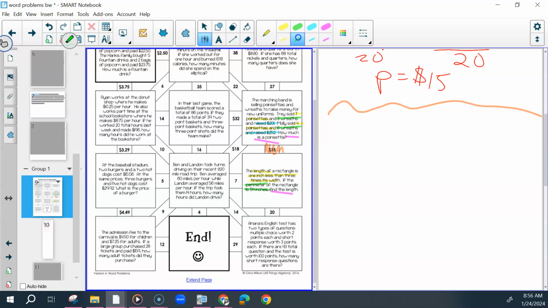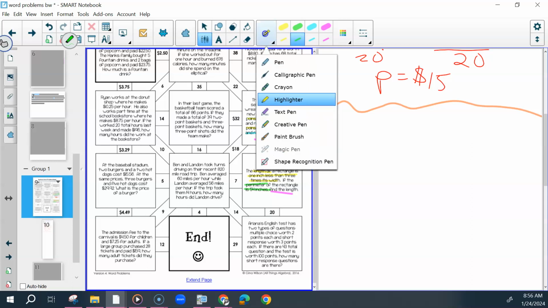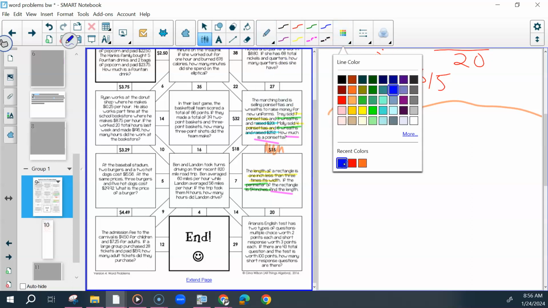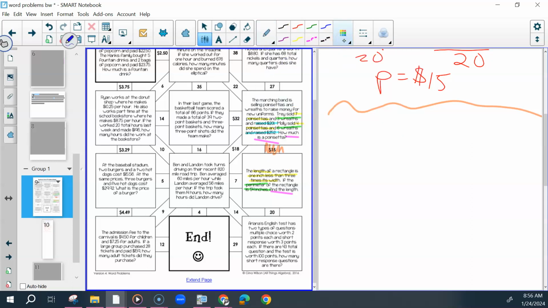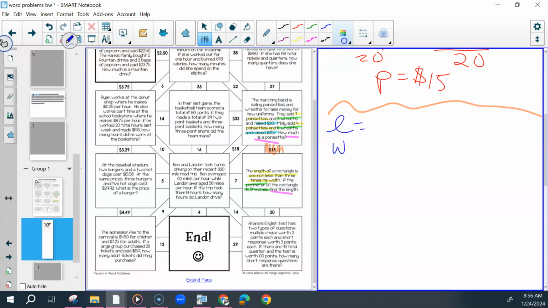So let's set up our variables first. Because we're dealing with length and width, it's just going to be L and W for length and width. If you want to be a little bit more specific, you can say length in inches, width in inches. Aiden, are you writing this down?